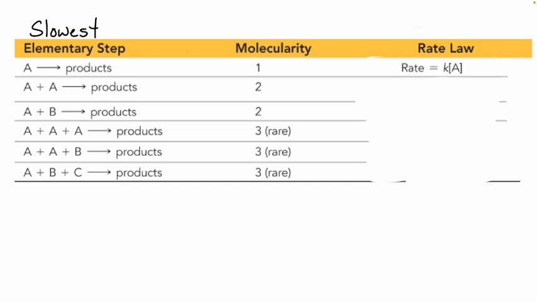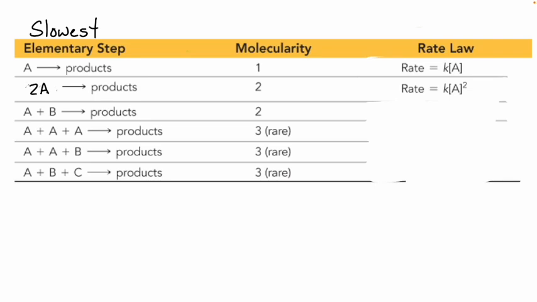If I have two reactants, and really how we would more normally write this would be 2A going to products, then again I'm going to multiply all my reactants together, so rate equals k times the product of those two, so A times A, or A squared.